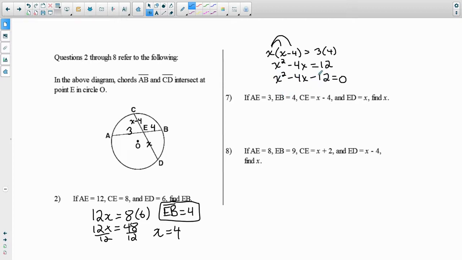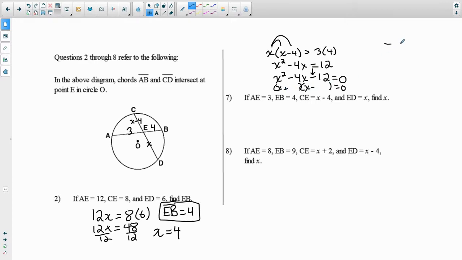No. Is this the difference of 2 squares? No. So I'm going to trial and error by opening up 2 sets of parentheses. Remember, we're still equal to 0. So I'm going to have an x here and x here because that's equal to x squared. When the last number is negative, that means my signs are going to be different.